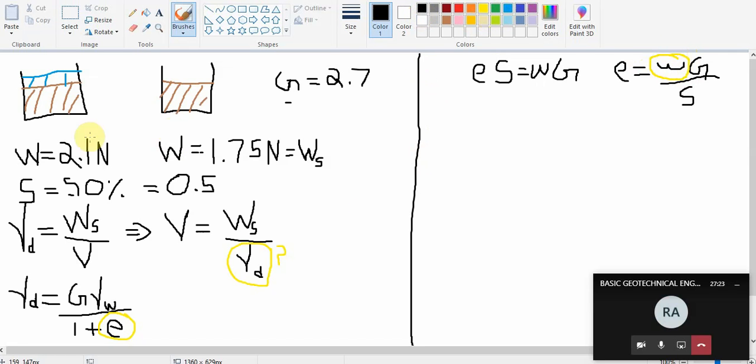They have conducted an oven drying method experiment. So in my oven drying method experiment, what is W? It is weight of water divided by weight of solids.